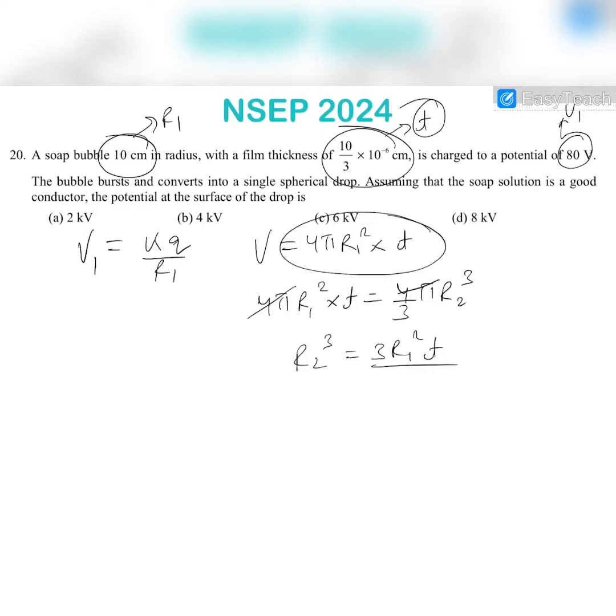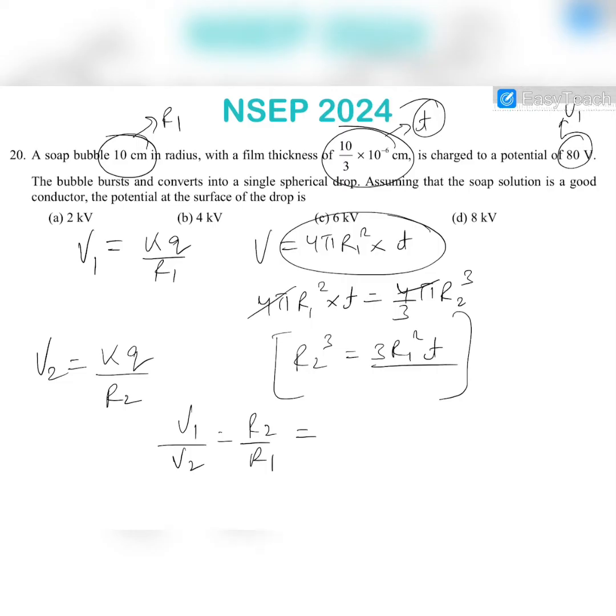Okay, so this is R2 cube. Now we know that the charge remains the same, because all the charge will be carried to the single spherical drop. So new potential V2 will be KQ by R2. So V1 by V2 will be equal to R2 by R1.